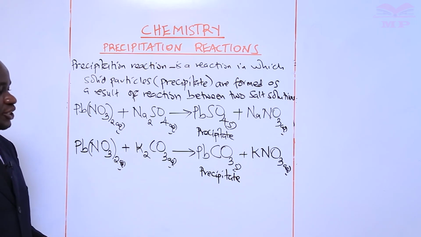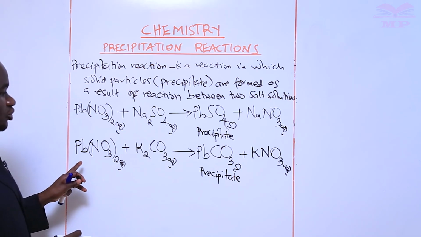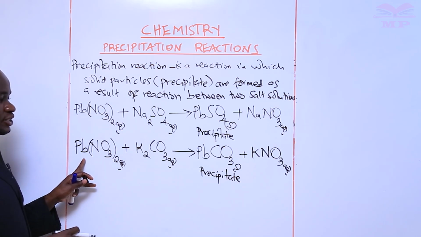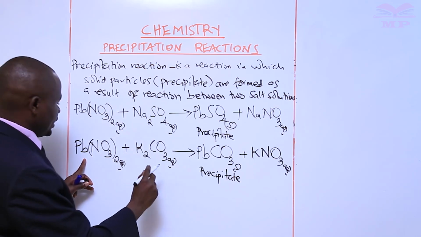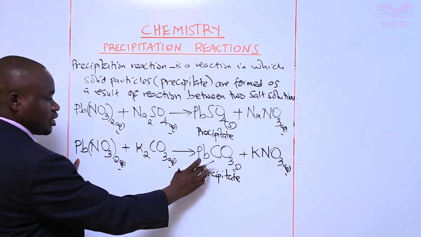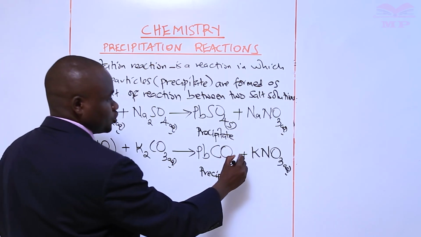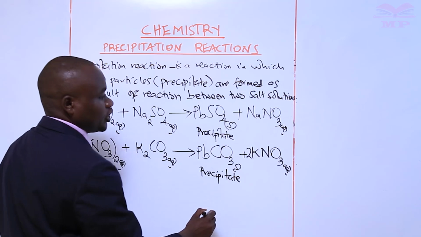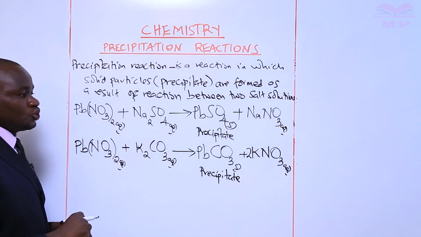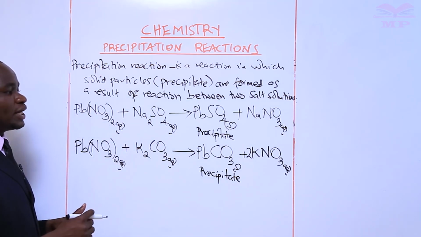Don't forget to balance the equation. So let us balance this one here. Lead atoms, this is 1, 1. Nitrate, these are already 2, so I put here 2 so that I can balance the equation. Our first equation, we also balance it in the same manner.